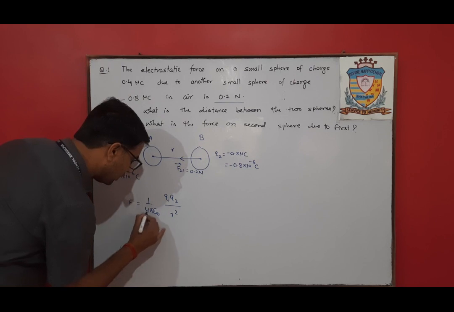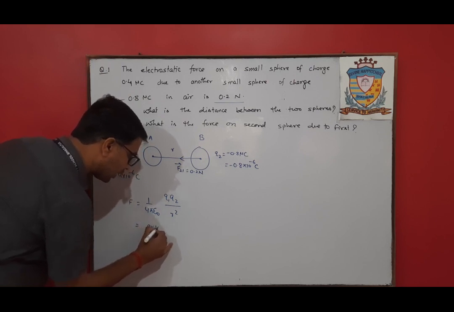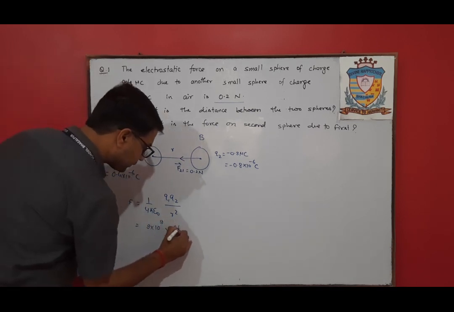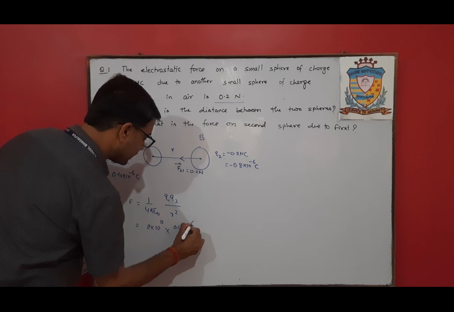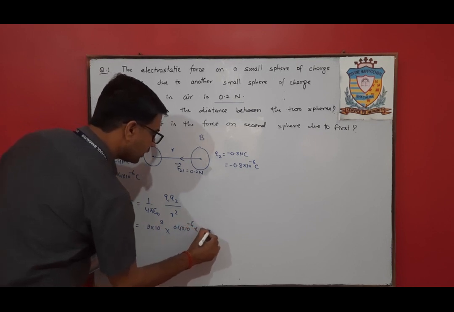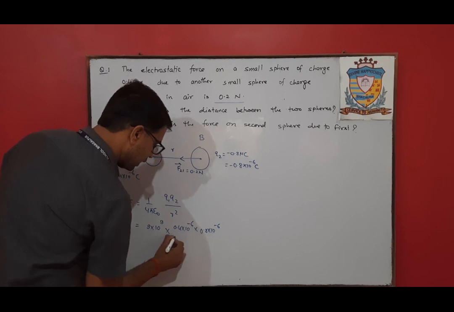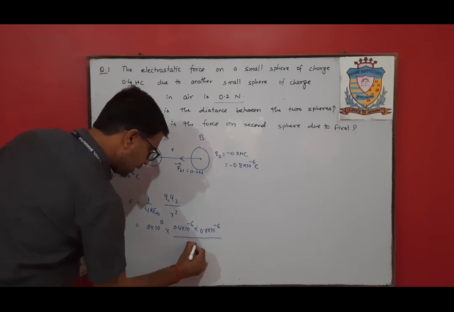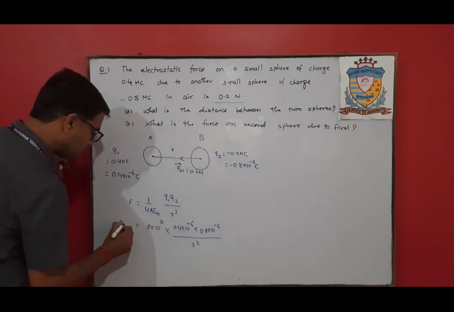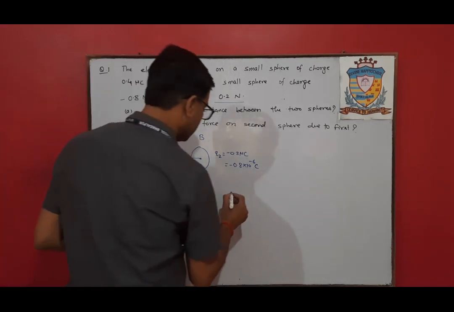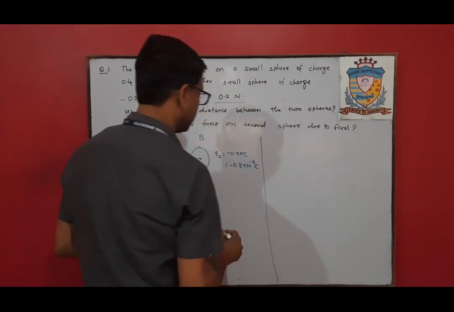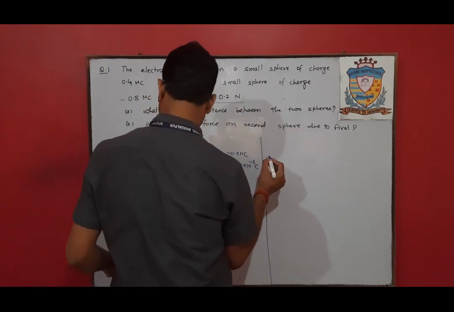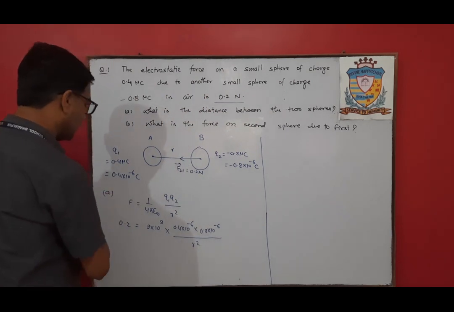Clear? So the value of 1 upon 4 pi epsilon naught is 9 into 10 to the power 9, into Q1, that is 0.4 into 10 to the power minus 6, into 0.8 into 10 to the power minus 6, upon r square. Here this force is 0.2. So from here we are solving the A part.